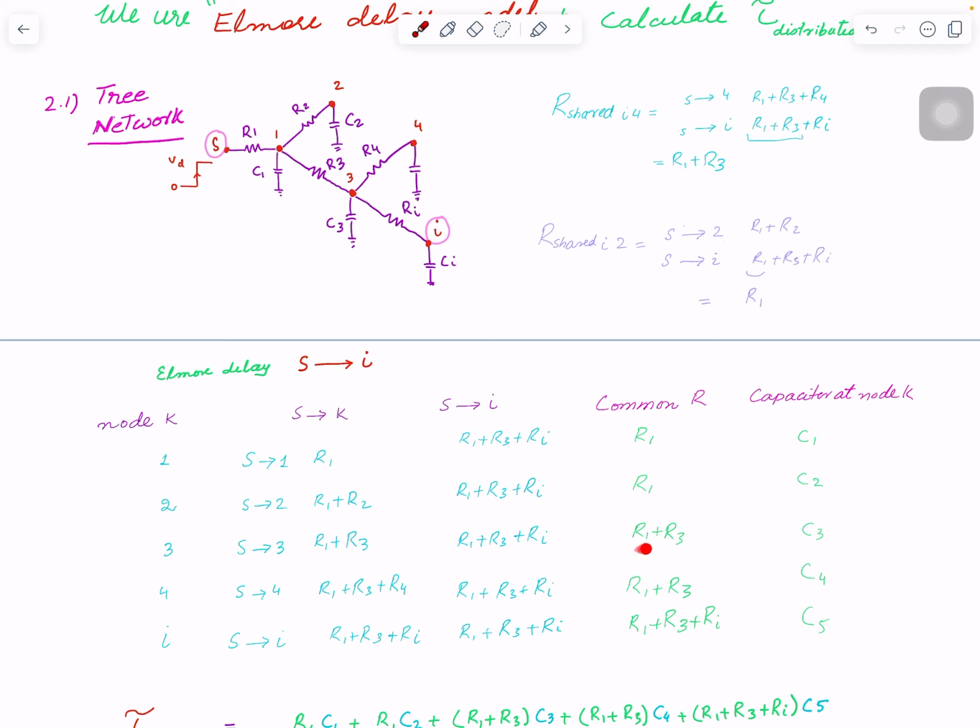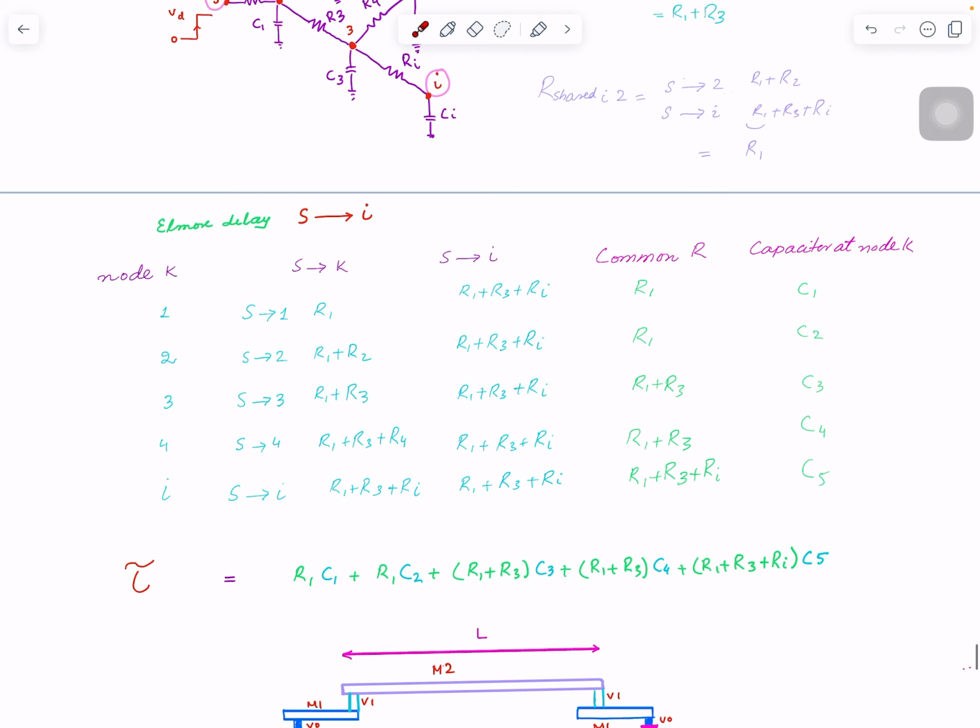For node 3, R1 and R3 are common, and for the final one, the whole thing is common. So when you put together your time constant, you multiply the common resistance with the capacitance for each node and then add them all. That's all I did. This is how you find a time constant.